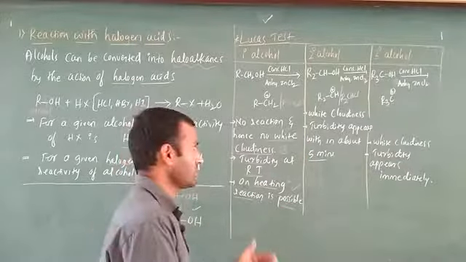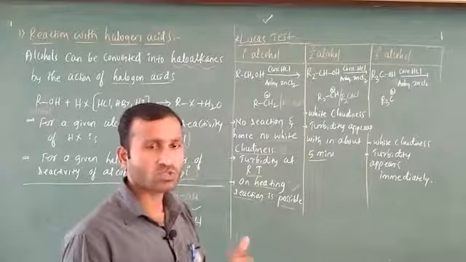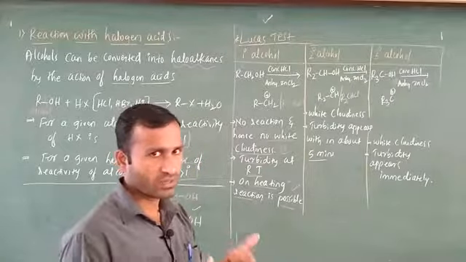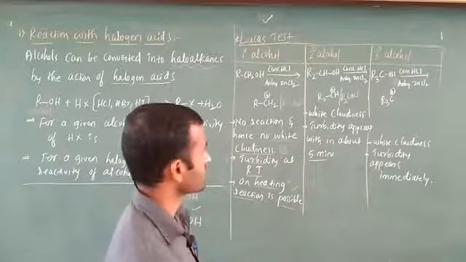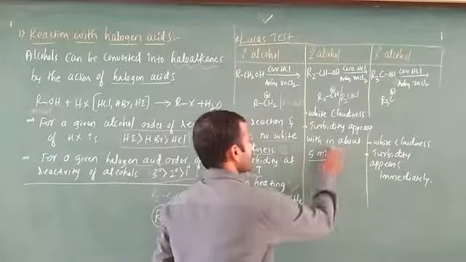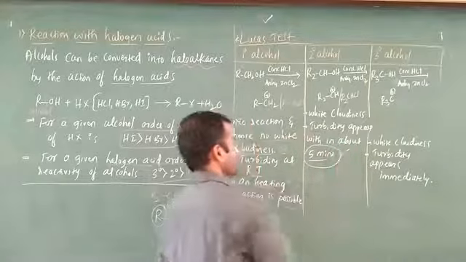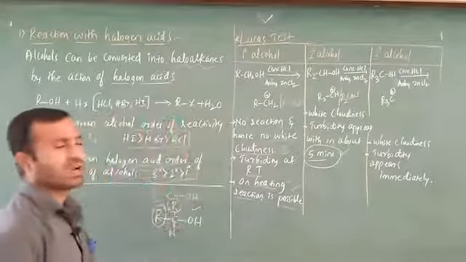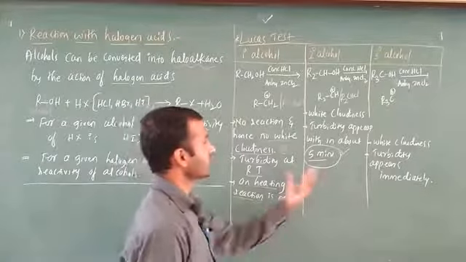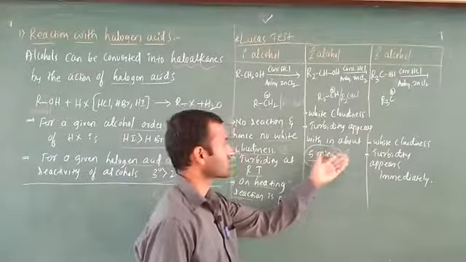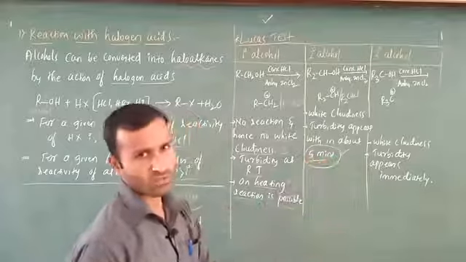Turbidity means not clear, that is PPT or precipitation. This word is important. If you want to write it short, write: turbidity appears after 5 minutes. No problem.